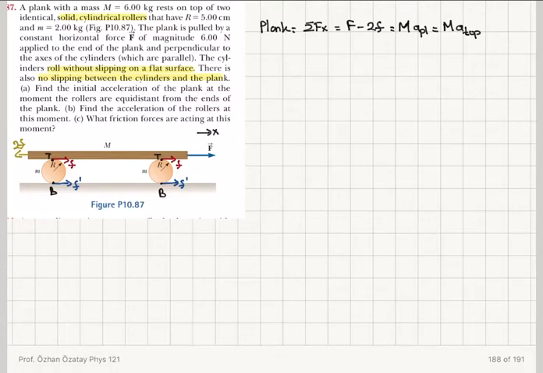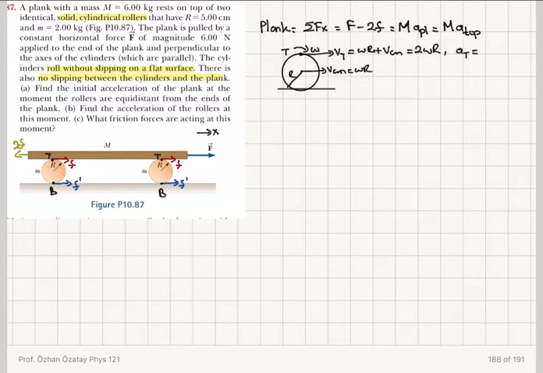Now, I would like to know how the top acceleration is related to the angular acceleration of the rolling without slipping. For that, I have to remember what happens in rolling without slipping. If this is rolling with angular speed omega, I know that the center of mass velocity has to be equal to omega times r, and the top point T will have a velocity, v top, equal to omega times r plus the velocity of the center of mass.